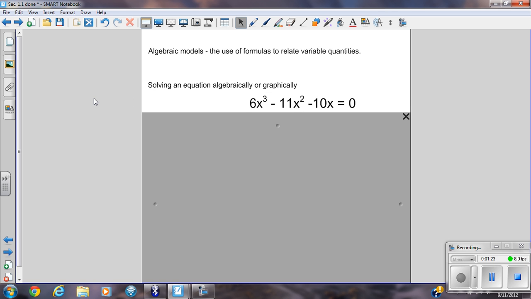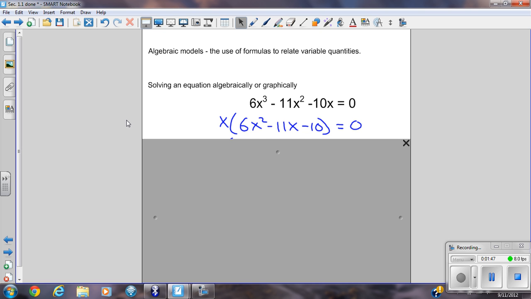As you can see, the equation is 6x^3 - 11x^2 - 10x = 0. The first thing that we have to do is, well, we can't directly solve for x because there's x cubed and x squared. Our first step algebraically is going to be to factor out an x.